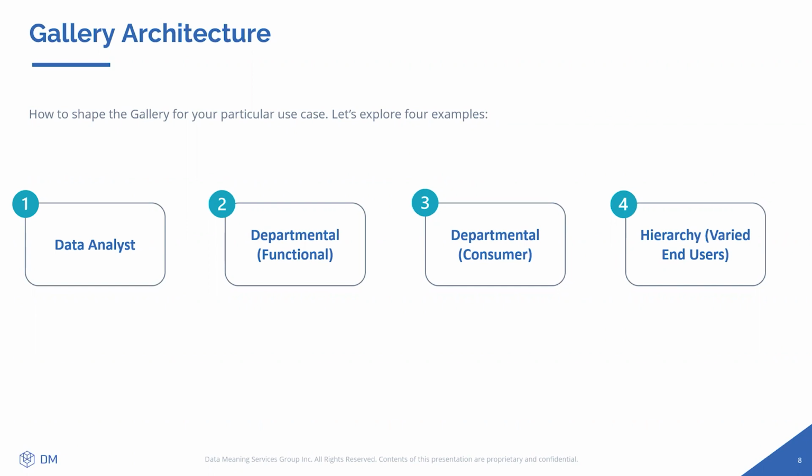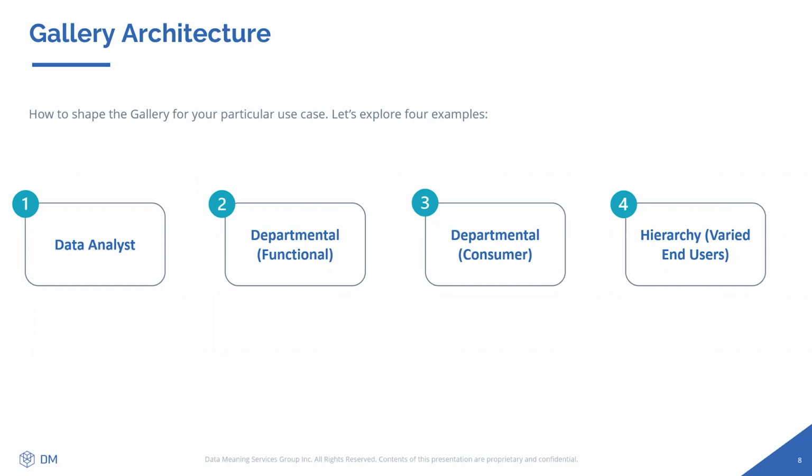Those are the roles for the gallery. And places where you can share workflows are the public area, where everyone from the company will be able to see, or you can create collections to share workflows. So keep in mind those roles and where you can share those workflows.